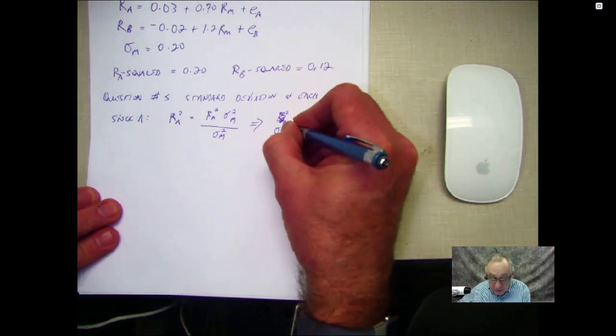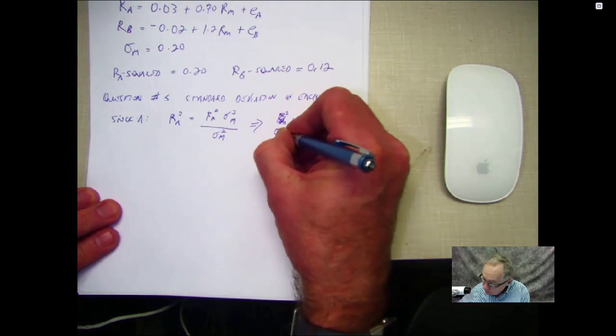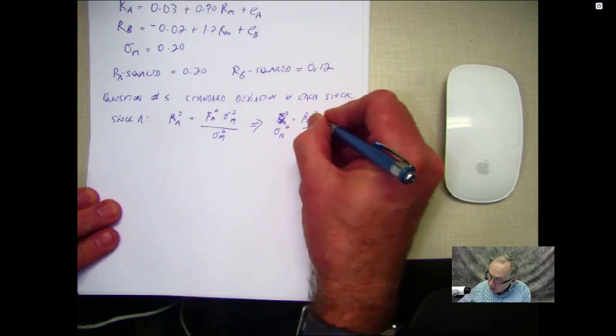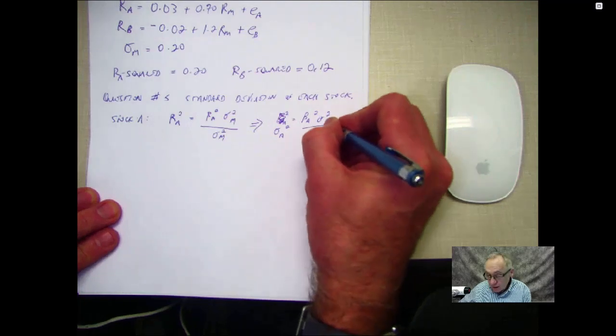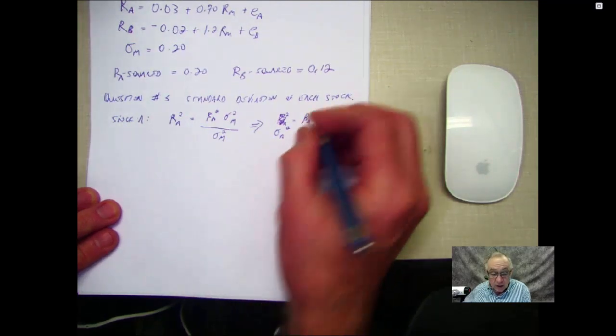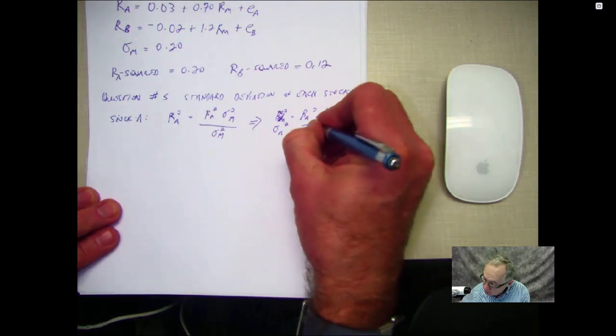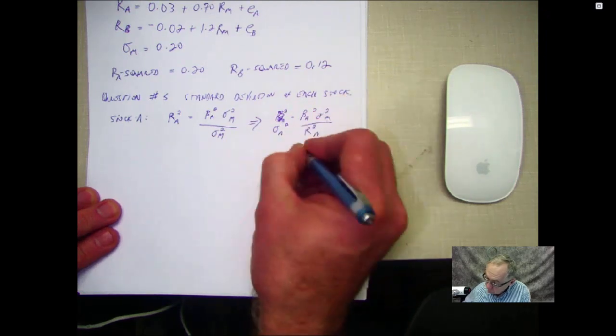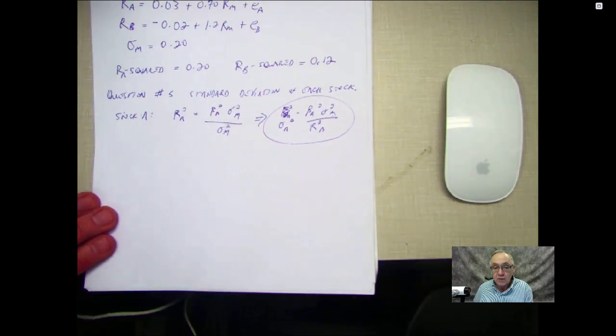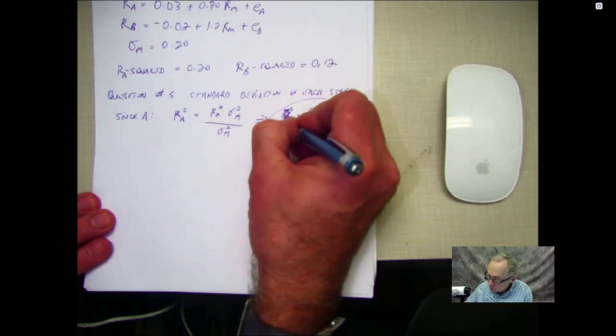Our variance for A is beta squared for A times the variance for the market divided by R squared for A. So that's our working formula.